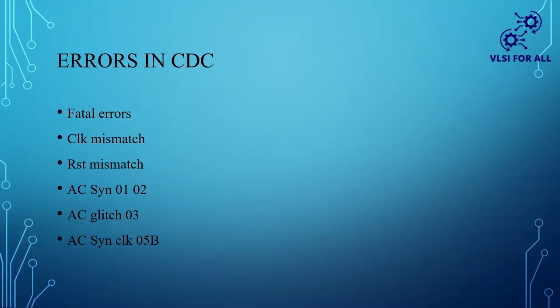If you have any issue regarding a glitch, whenever you use combo logic or any logic, we will have glitches. If you have any glitch in between a design, in between a project, that will throw an error, AC glitch 3. So these are the errors which you can see in real-time hands-on experience.